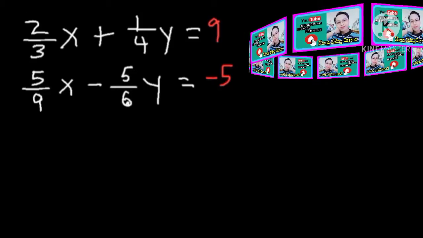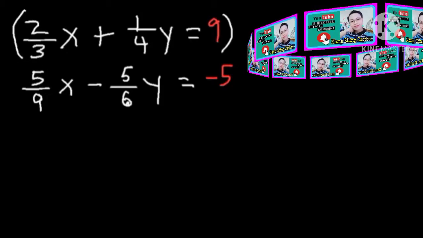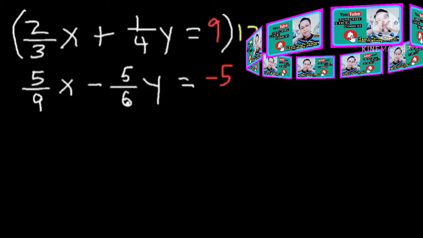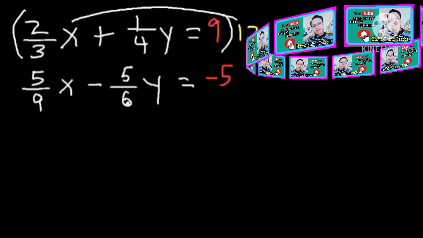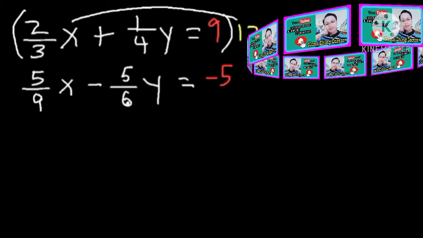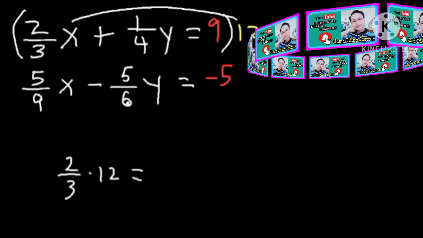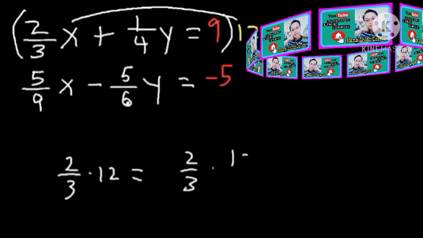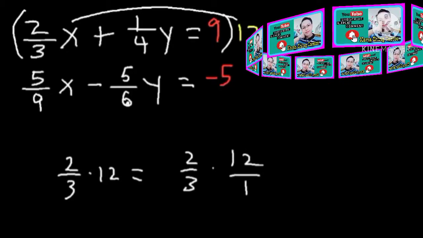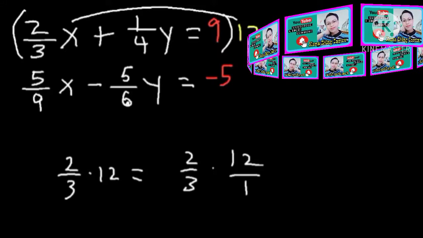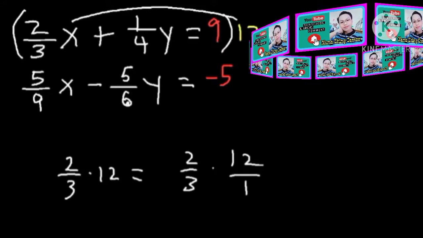So what you want to do first is multiply everything by 12, just to clear away the fractions. What is 12 times 2/3? It's the same as 2/3 times 12 over 1. There are two ways you can get the answer. You can multiply first and then divide, or divide first and then multiply.